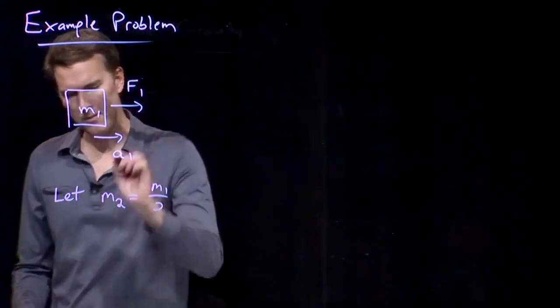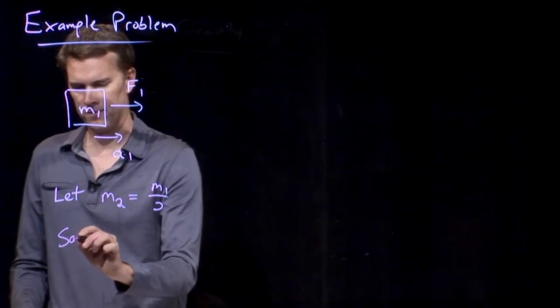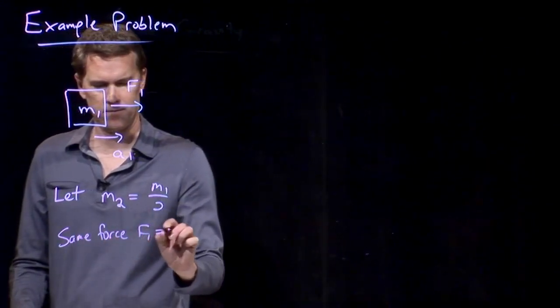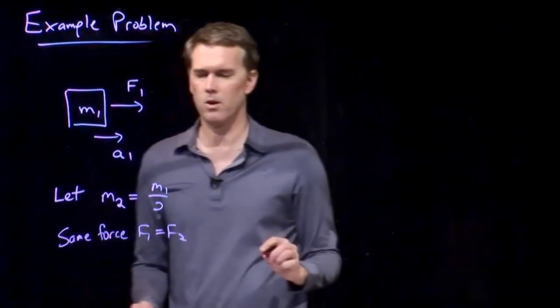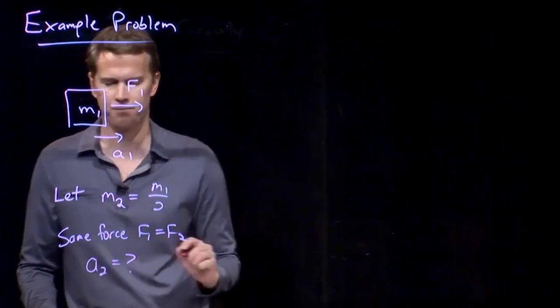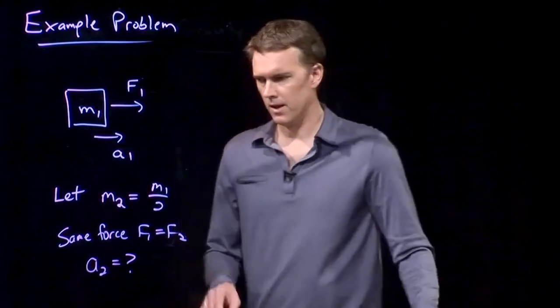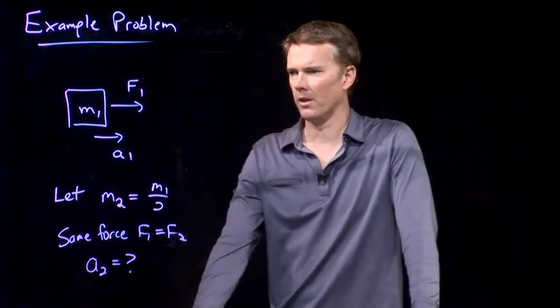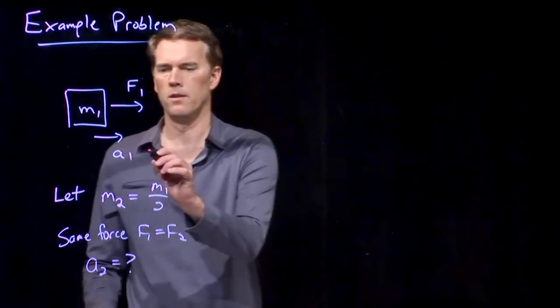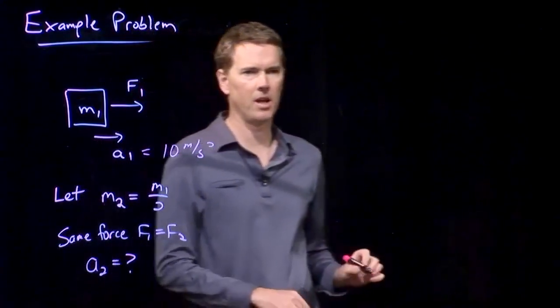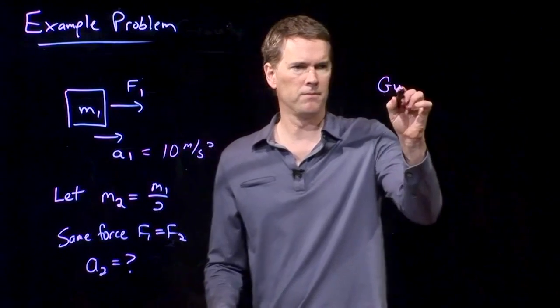We're going to apply the same force and we are going to figure out what this new acceleration is. So, if I cut the mass in half, what do you think? Should it accelerate more or less? And if so, what's that number? Anybody have a guess?